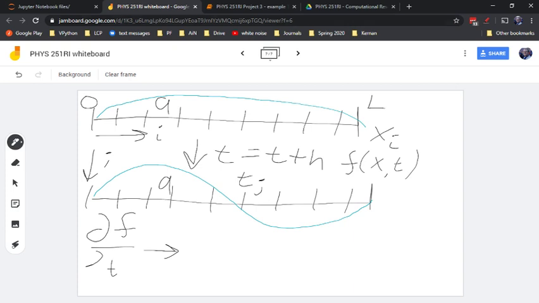So if you think of this as a movie, right? Videos are stored as a series of pictures. Each one of these is a different frame in the video. And so i is where you are located in the frame. If you were to take a still shot, i is the point you're looking at inside the frame. j is which frame you're looking at.